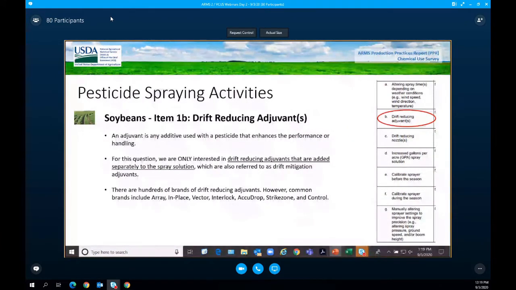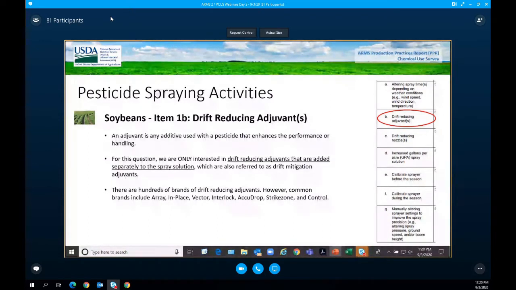In 1B, we're asking about adjuvants. And an adjuvant is basically any additive that's added to a pesticide that can enhance that pesticide's performance. There are lots of different types of adjuvants. Some of them help pesticides be absorbed by plants or help pesticides stick to plant surfaces, or they can even slow pesticide degradation.